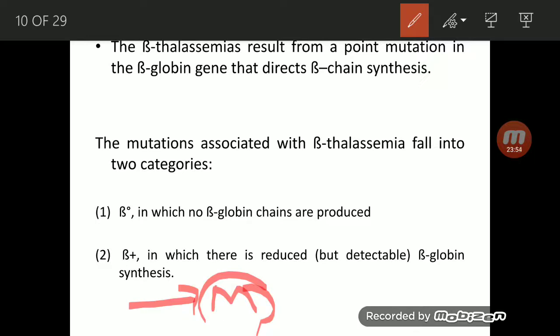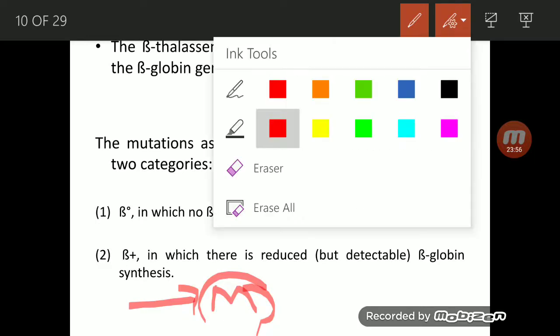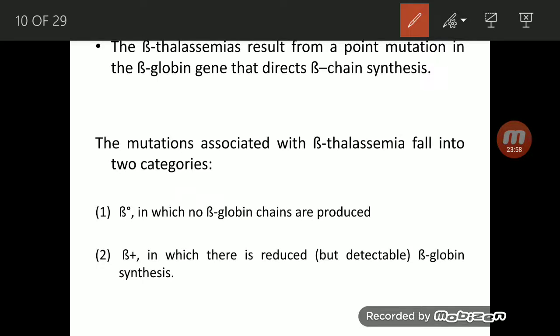Whereas your alpha thalassemia is more prevalent in your Asians than in your Mediterranean regions. So since we are talking about beta thalassemia, it is going to result from your point mutation in your beta globin gene, which is going to affect your synthesis of your beta chain, right?